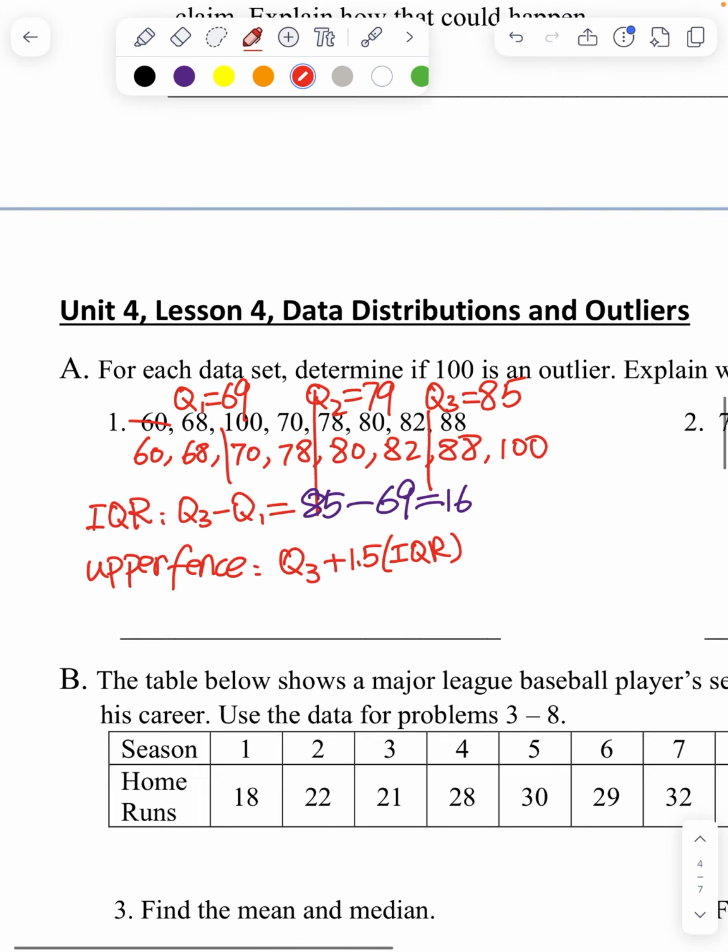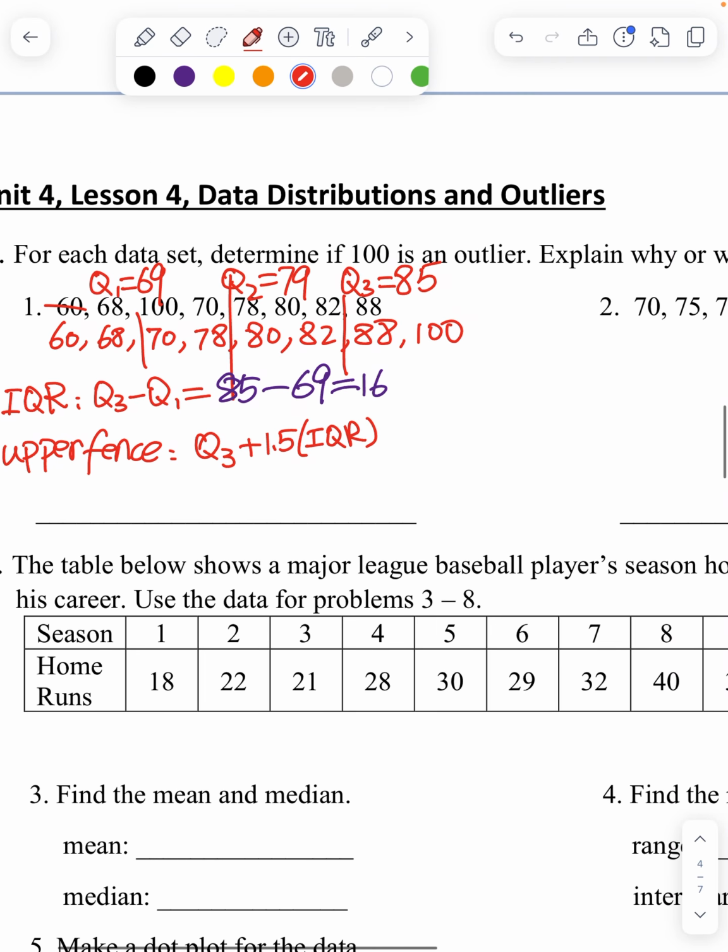So what is Q3? Q3 is 85. So this is 85 plus 1.5 times 16. 1.5 times 16, that's 24. So 24 added to 85, that's 109.